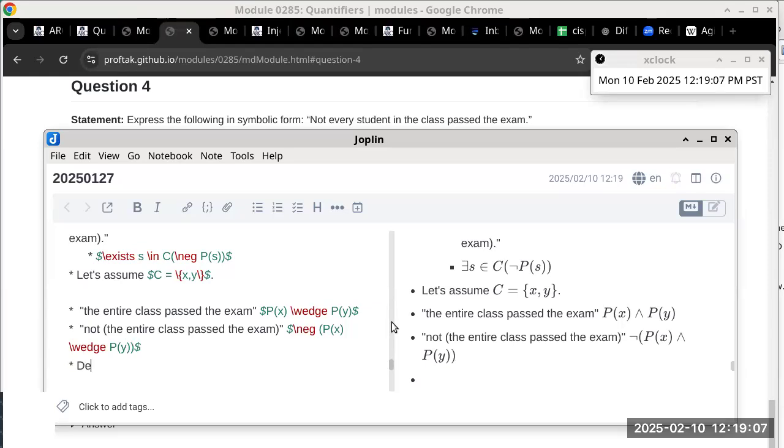Okay, so we'll go ahead and introduce De Morgan's law a little bit earlier than usual. De Morgan's law has two parts.